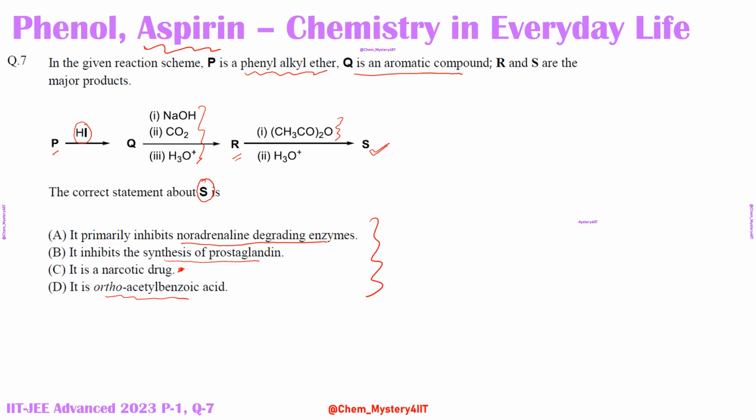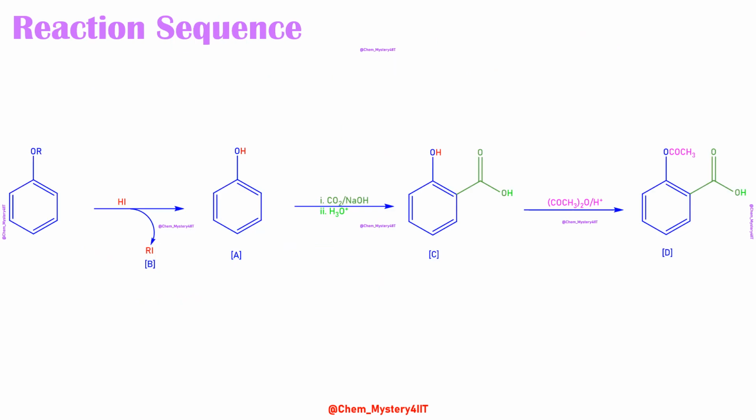Although that's going to be more of the medical science, we will not go that deep. We'll remain in the domain of organic chemistry and chemistry in everyday life as far as our NCERT is concerned. And as far as this question was asked, we should be knowing in and out what these options are related to.